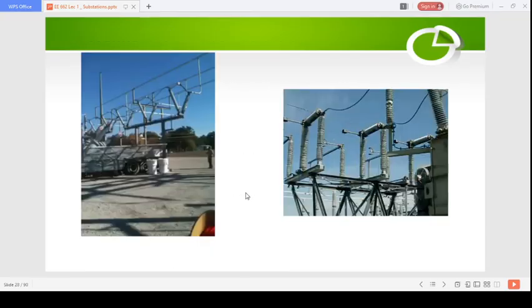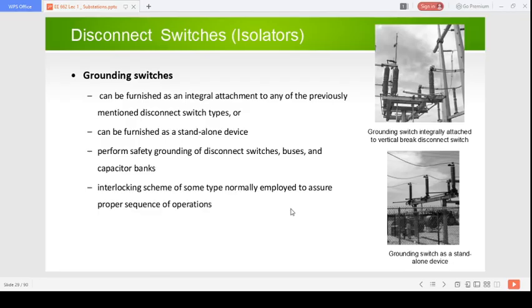Okay, we have watched this, and along with the disconnect switches, the isolators, there is another important switch called the grounding switch. These ground switches can be furnished as an integral attachment to any of the previously mentioned disconnect switches.